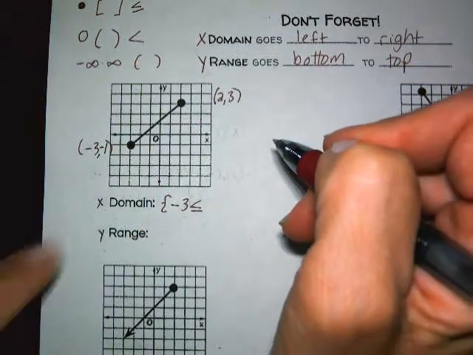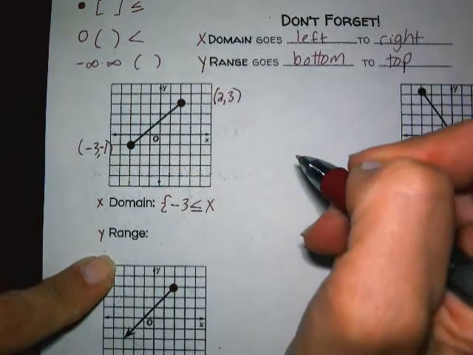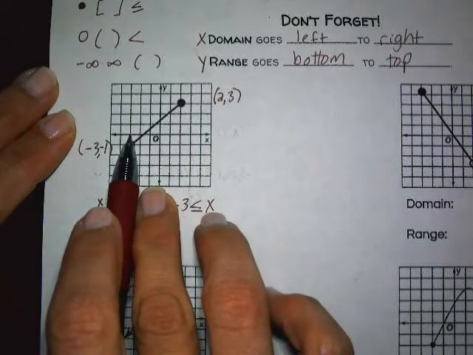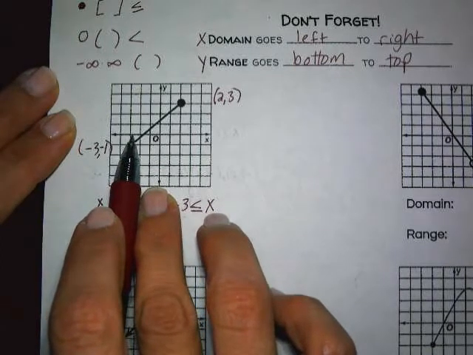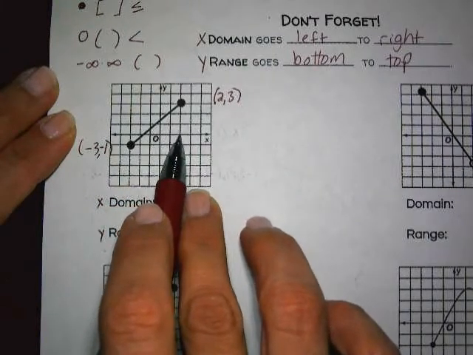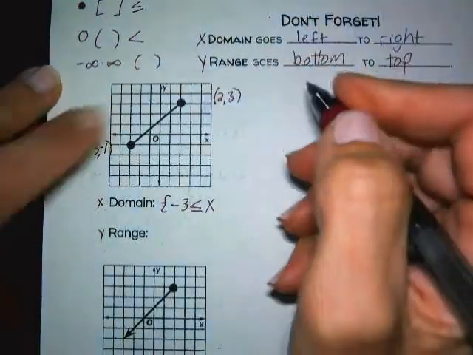Then what are we doing? Well, we're doing our X values. And how far do they go? So they start here, and they're negative 3, negative 2.9, negative 2.8, negative 1, 0, 1, and they go all the way up to this X value here, which is the X value of 2.